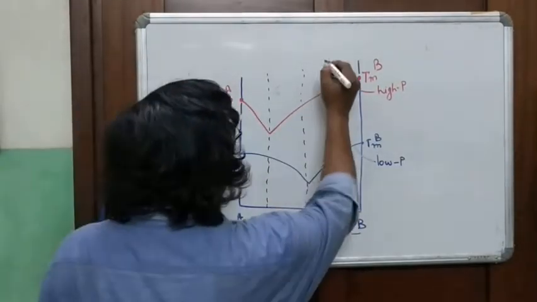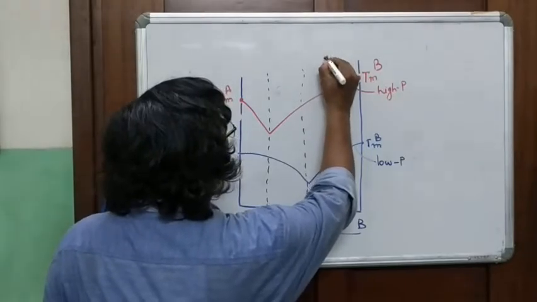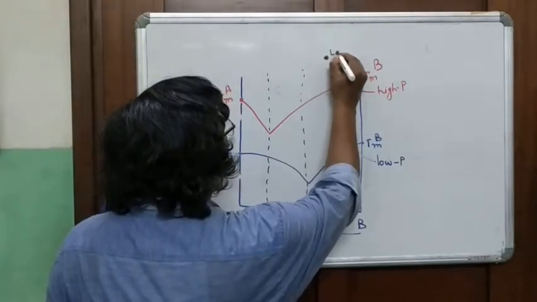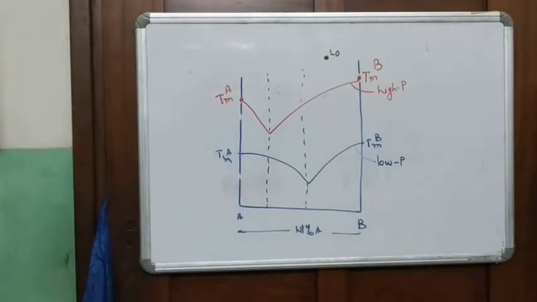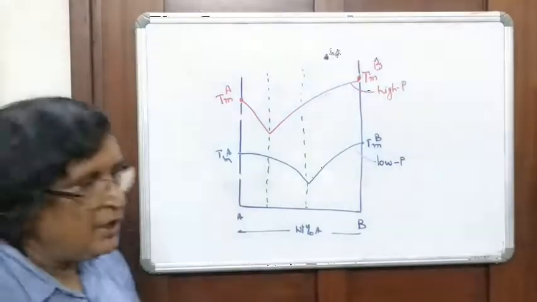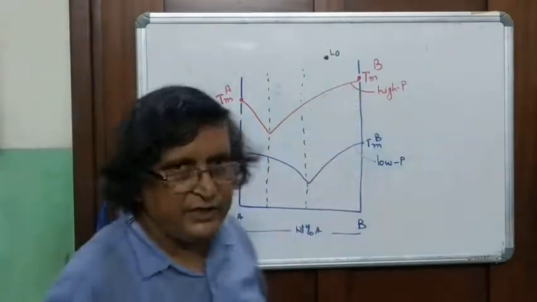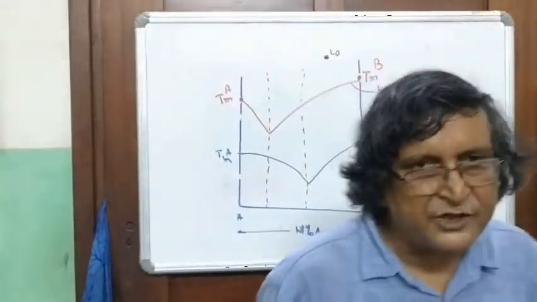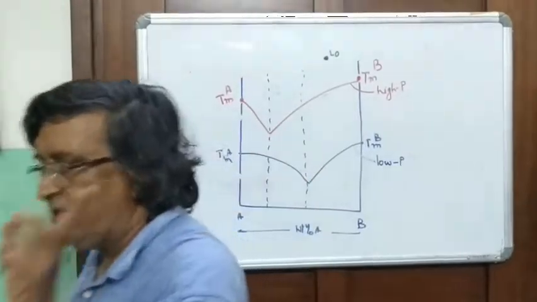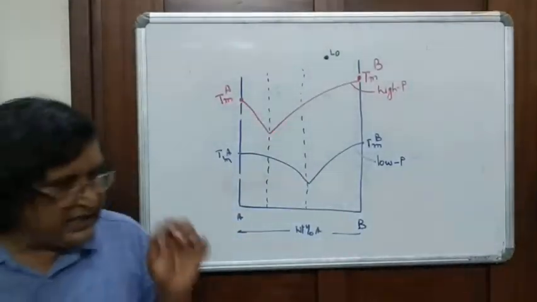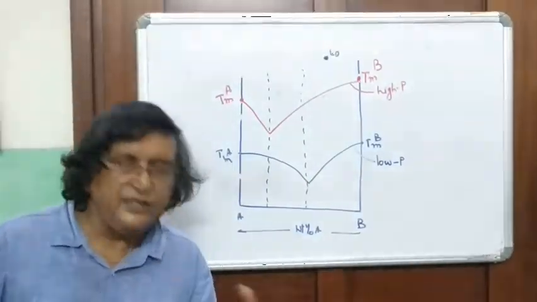I start with the magma having this composition, say L0. So it's at high pressure, and I have to take this diagram into consideration, the high pressure liquidus diagram in red. I take this part of the diagram as relevant to our discussion.